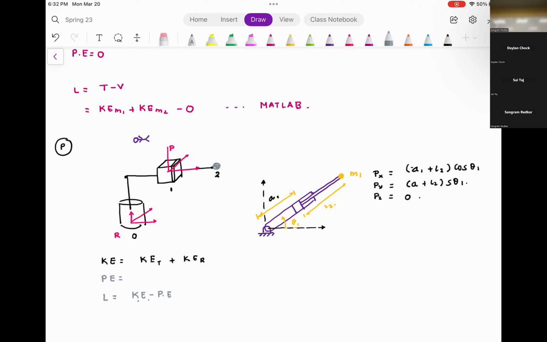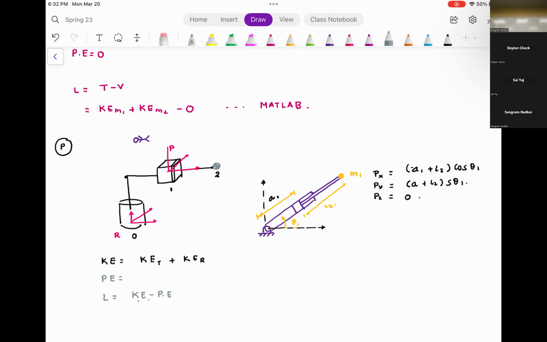Step 1 is draw the coordinate space, solve the forward kinematics problem, find out the position of mass. For example, this is just mass at the end. Find the positions of the mass, find the derivatives of positions, nothing but velocities of the mass, and then find the kinetic energy.